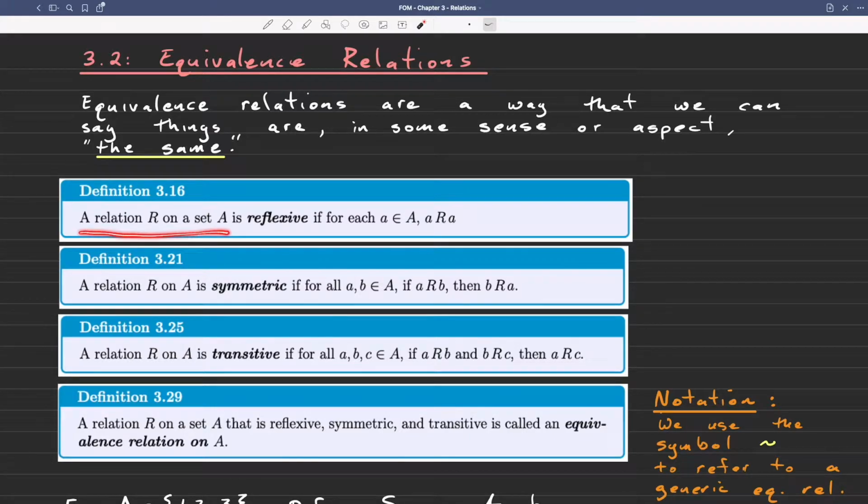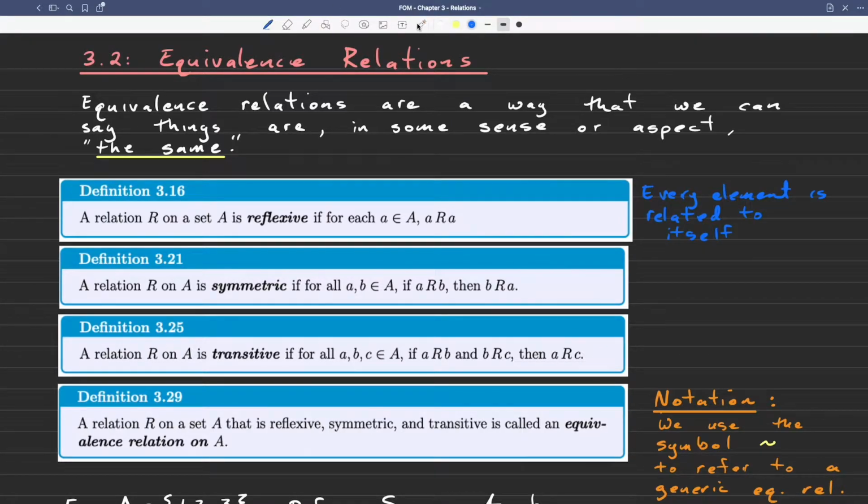So a relation on a set A is said to be reflexive. That just means that for every little a in big A, a is related to itself. So reflexivity means every element is related to itself.